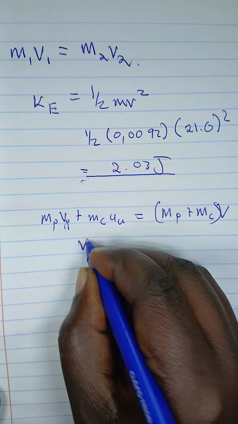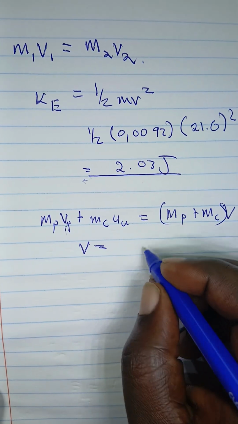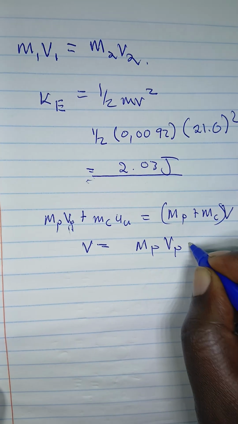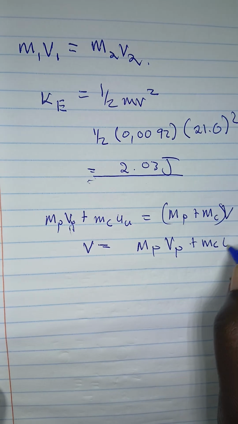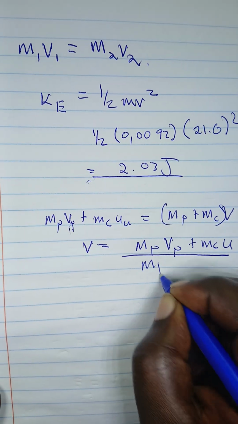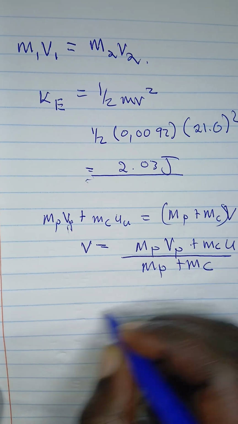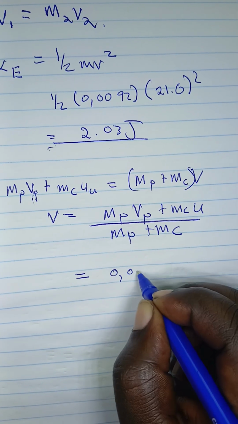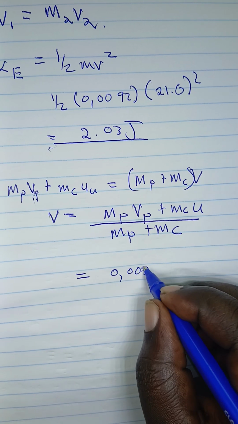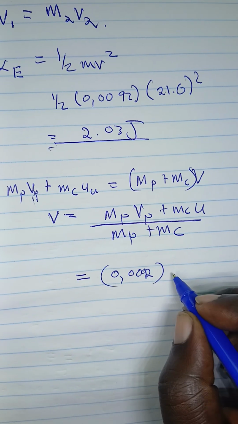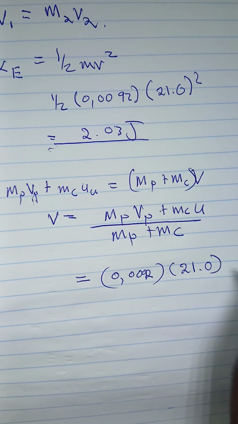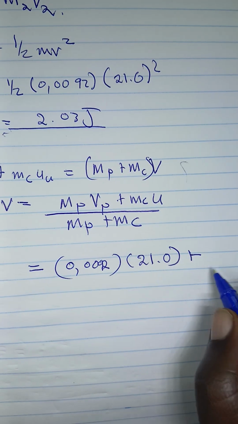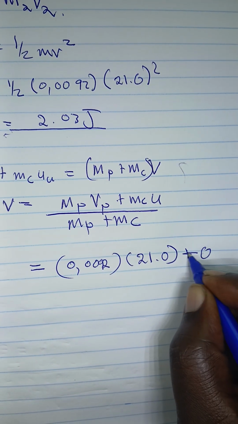So making V the subject of the formula, V is going to be equal to mp vp plus mc u over mp plus mc. We substitute into the formula. That's going to be 0.0092 multiplied by 21.0 plus, this cork was initially at rest, so our u is 0.